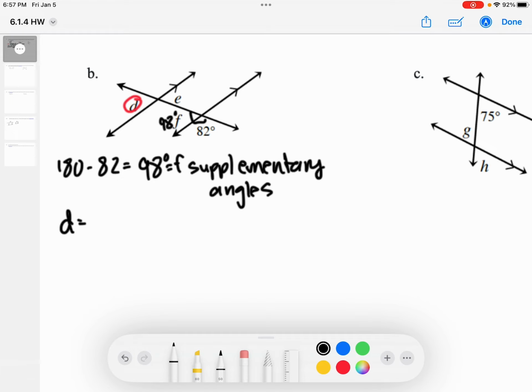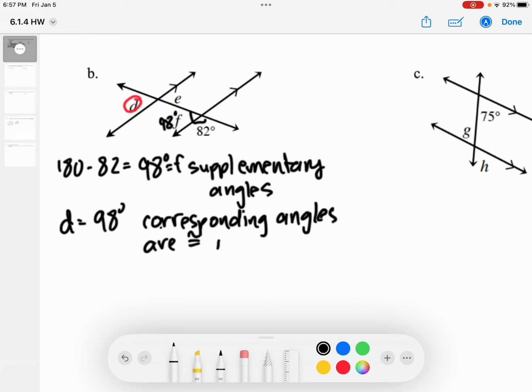D equals also 98 degrees because, let's see, we could say corresponding angles are congruent if lines are parallel.